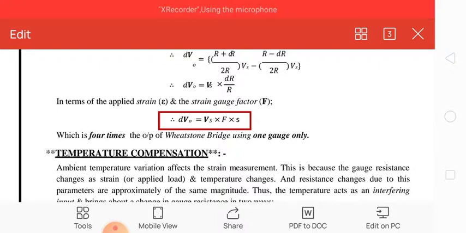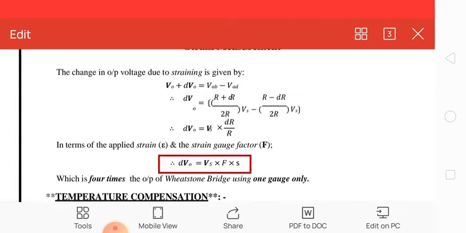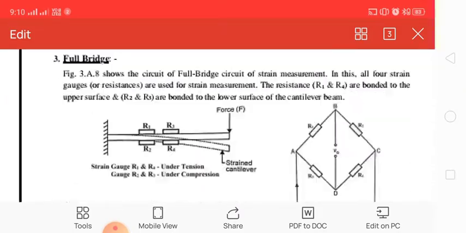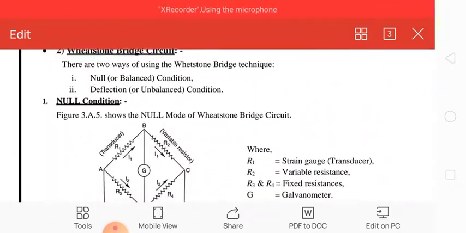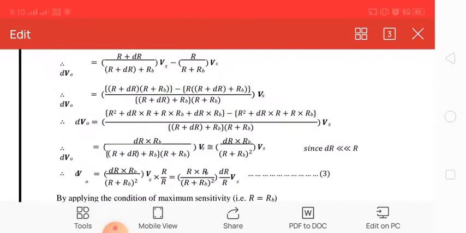And today we have studied the temperature compensation gauge. The temperature compensation gauge is useful for balancing under different environmental conditions such as temperature. So this is the measurement of strain. In strain measurement we have also studied different numericals.